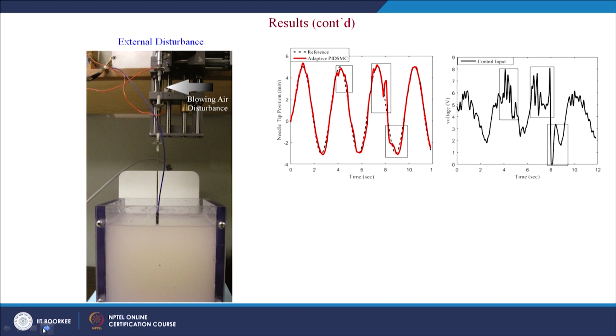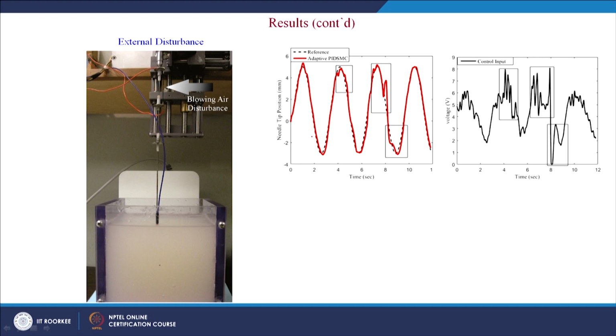Now, coming to the disturbance, we want to test the robustness of this control strategy in this application. We have given the first disturbance in terms of cooling the heated SMA actuator wire. What we have done is blow air, and that could be the disturbance.